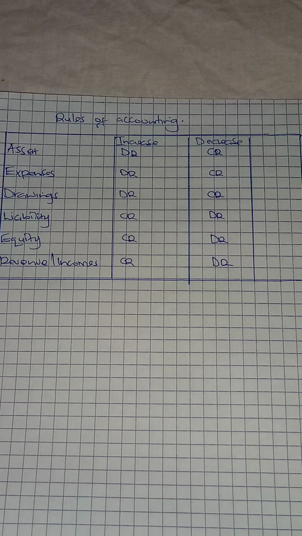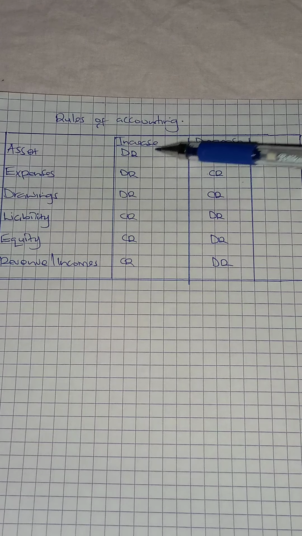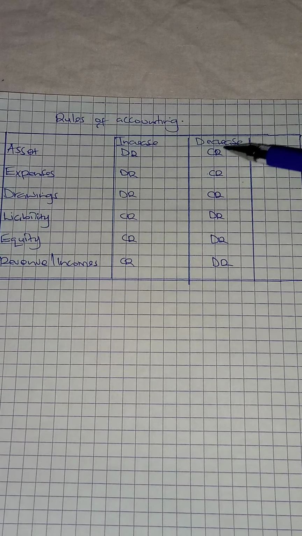So we have the rules of double entry. We have an asset. Every time you come across an asset, if it increases, you debit, and when it decreases, you credit.